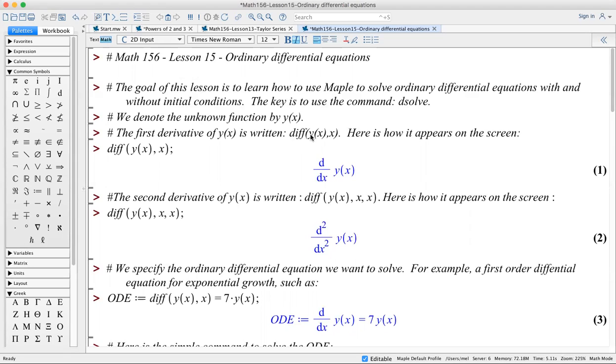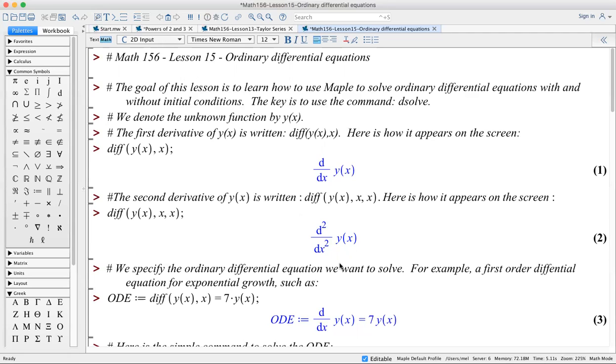And the first derivative, we write diff y of x comma x. When you do that, this is how it appears on the screen, dy dx. When you need the second derivative, you write diff y of x comma, and then two x's. It means differentiate with respect to x and then again with respect to x. And when you look on the screen, that's how it appears.